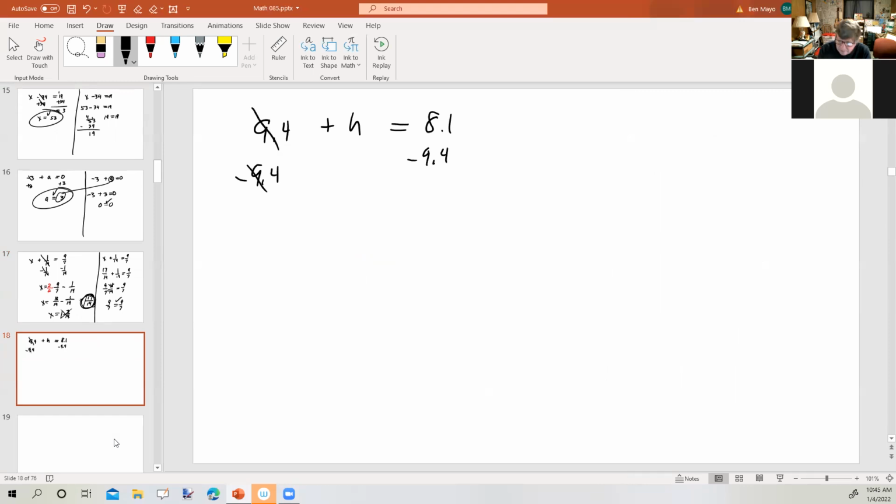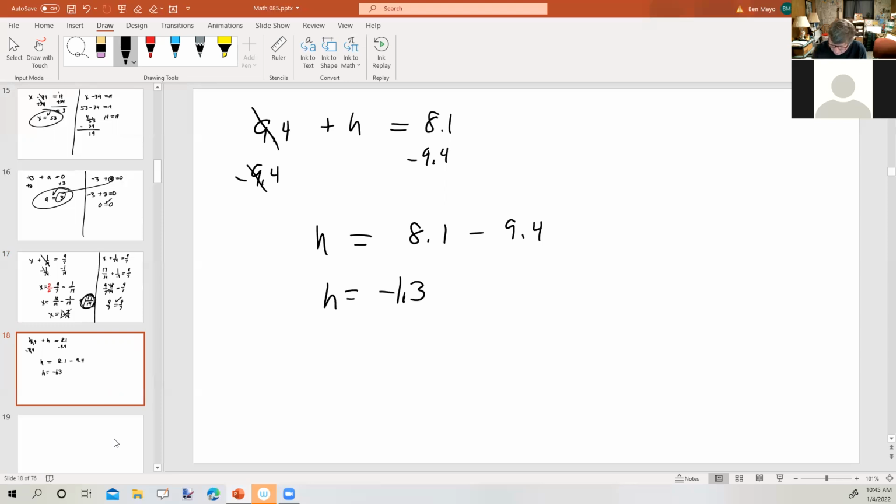On the left side, 9.4 minus 9.4 is 0. h equals, on the right side, 8.1 minus 9.4. If you use your calculator, which you certainly could do, 8.1 minus 9.4 equals negative 1.3.